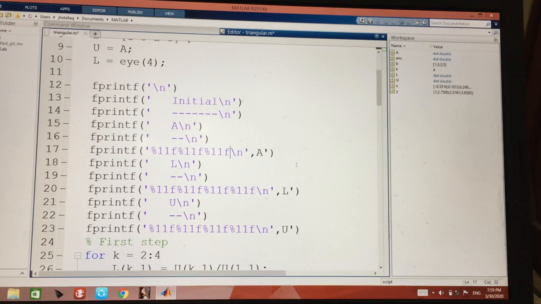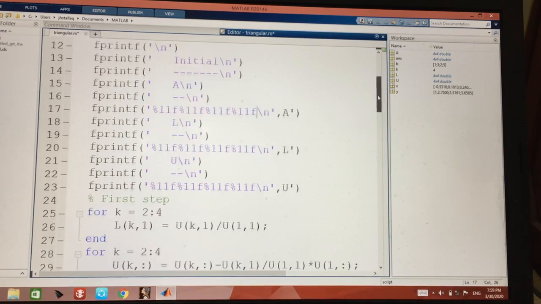Just delete this one, insert it again, so you must have 5 elements. You learn how to do it. Since we have only 4 elements, we have percentage 11F, percentage 11F, because 1, 2, 3, 4. We need to modify that also to get the printout the same.